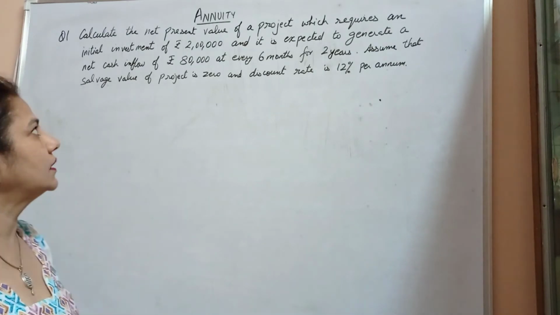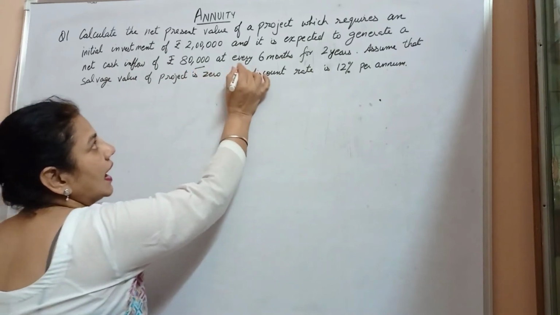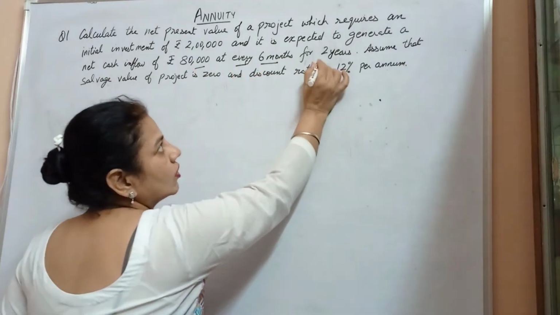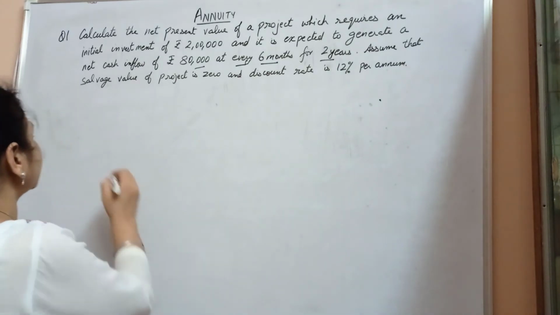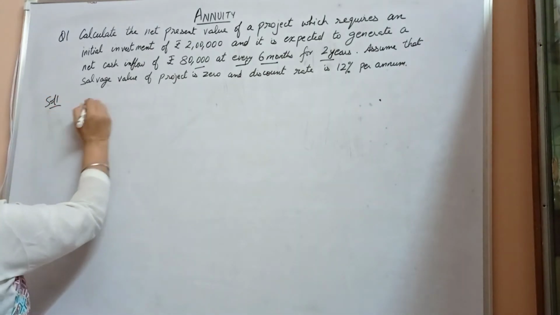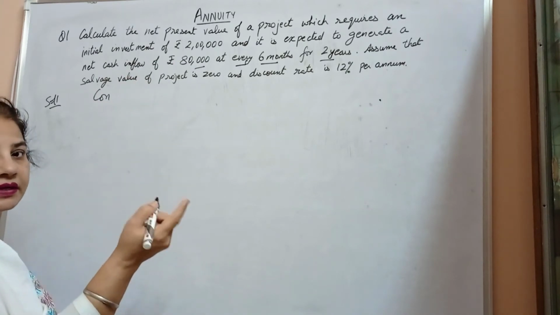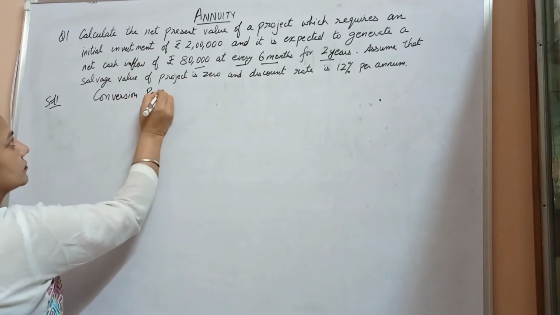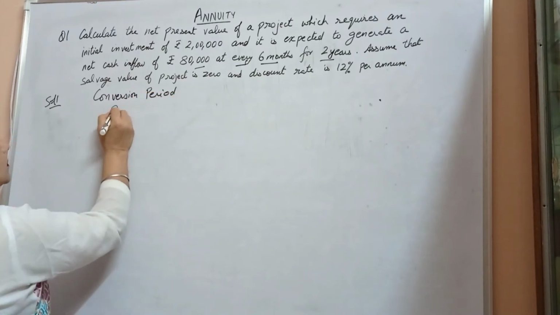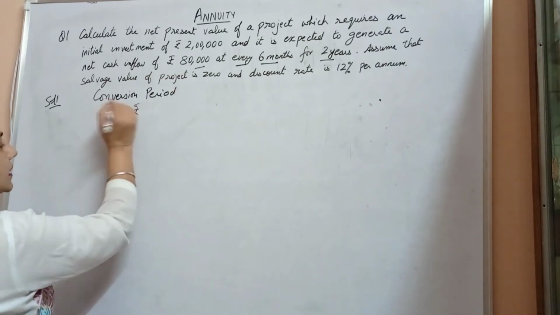Now here you can clearly observe that the cash inflow is 80,000 every 6 months for 2 years. That means it is compounded half yearly. In this case, we apply the conversion period because for every 6 months the amount of 80,000 is inflowing. Consider the principal to be 80,000, that is the cash inflow.